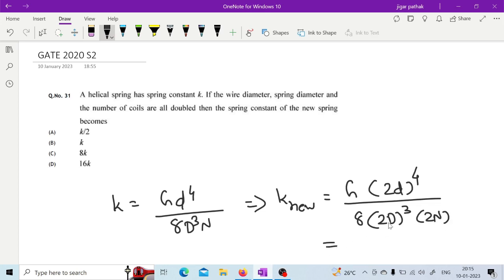So basically this 2 to the power 3 into 2 will be 2 to the power 4, and here also 2 to the power 4, so it will ultimately be the same K, because all will get cancelled. Option B, correct.